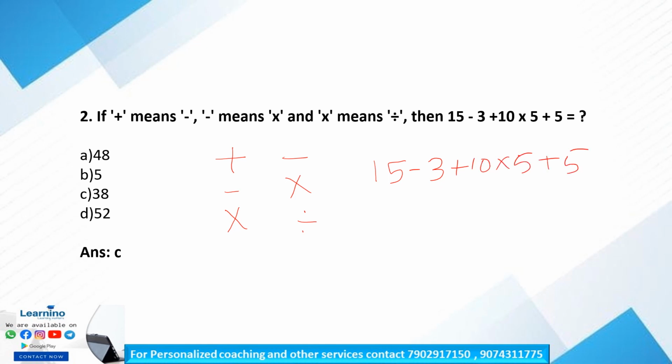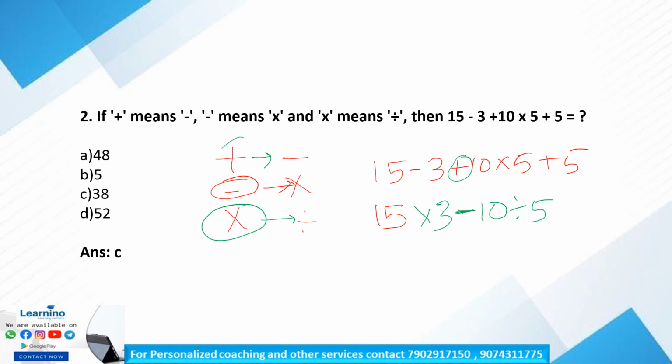So in our question minus means multiplication, so we have to rewrite it as 15 into 3. Plus means minus, so in place of plus we replace it with minus. Minus 10. Multiplication means division, so 10 division 5. Again plus means minus, so 5 minus 5.